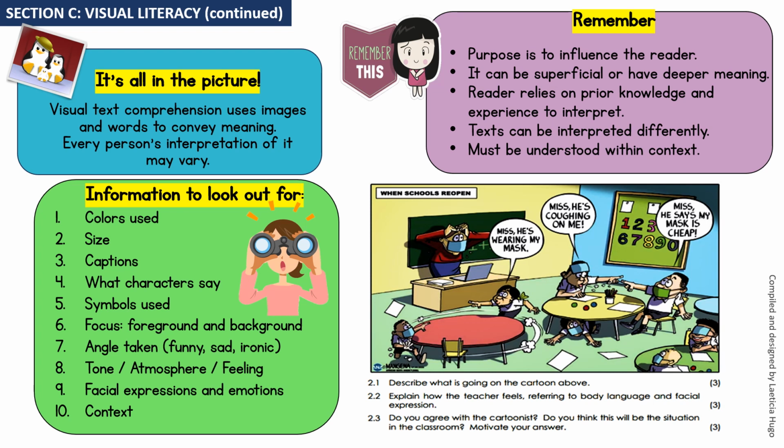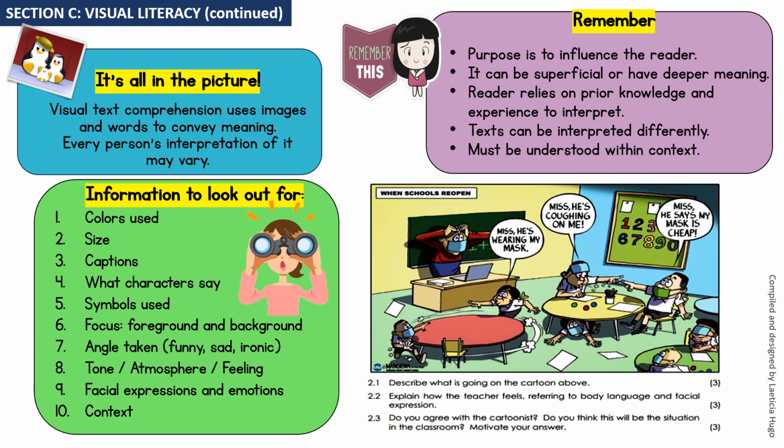Then, information to look out for: one, the colors used. So sometimes a cartoon, for example, can just be black and white. So they then will rely on other information within it to explain or give you more information. Then two, size. Three, the captions.